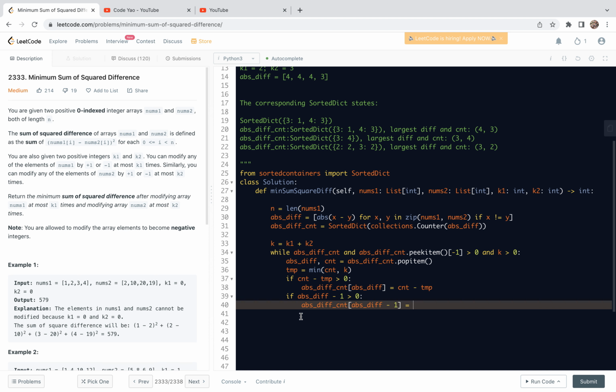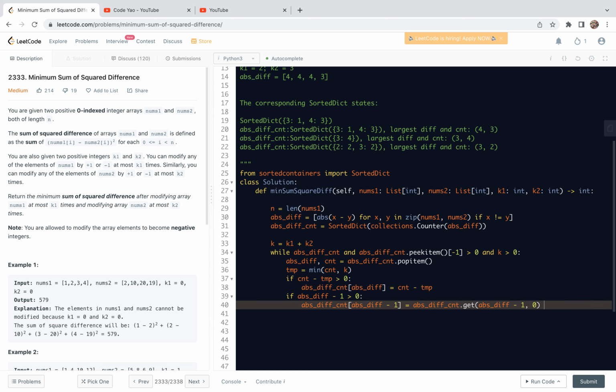Then it's possible that this gap is originally in the dictionary, right? First we track that information, abs_diff_count.get(abs_diff minus 1, 0). So this get function gets the frequency for this gap. If this key or this gap is not in the dictionary, the count we set as 0.